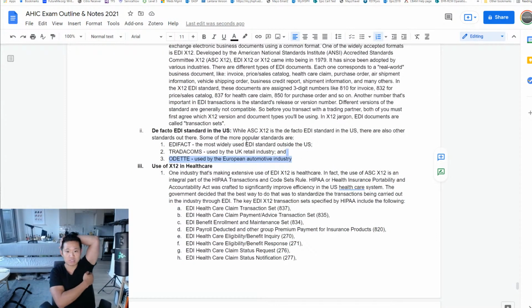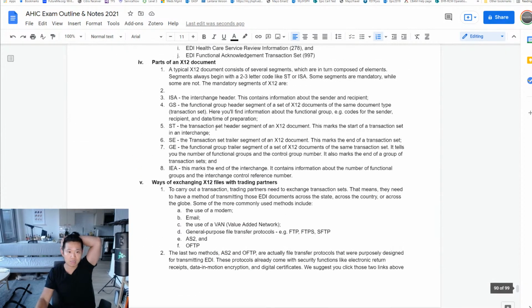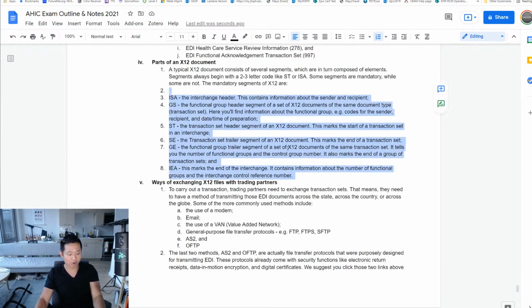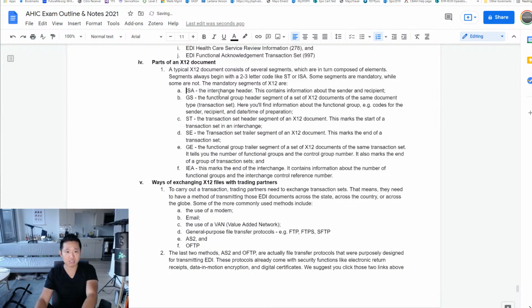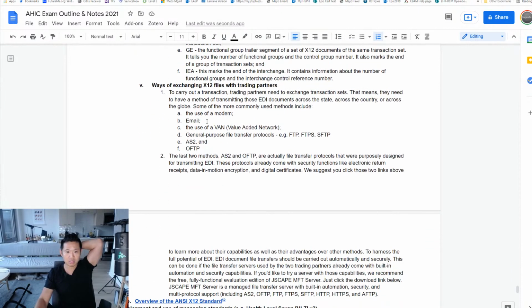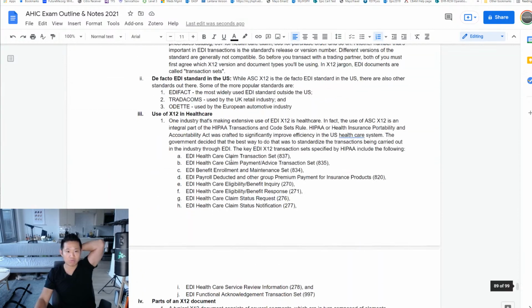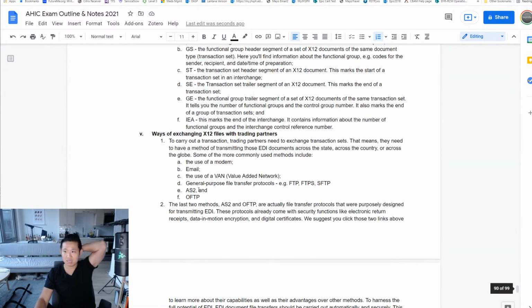Realizing that X12 is the de facto EDI standard in the US, but these other ones exist internationally. I don't know if the different segments of X12 are extremely important. It's probably good for reference just to know the different pieces. Or maybe not. I don't think that detail is necessary, but just to be thorough. Ways of exchanging, just to be thorough again, and then if anyone wants to dig into more details about X12, it's got that link.